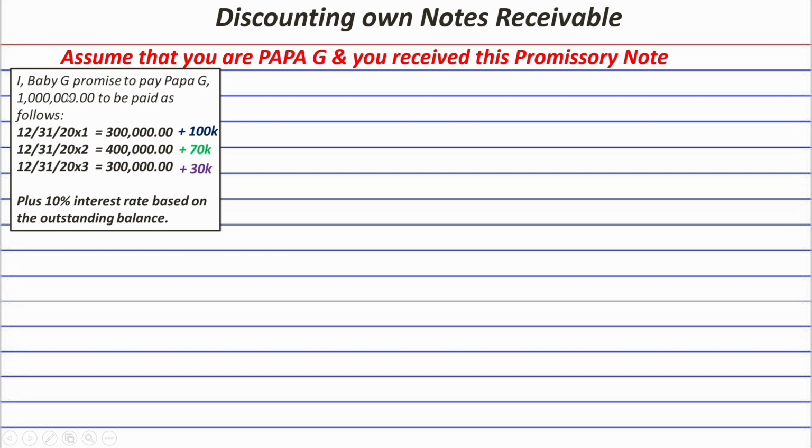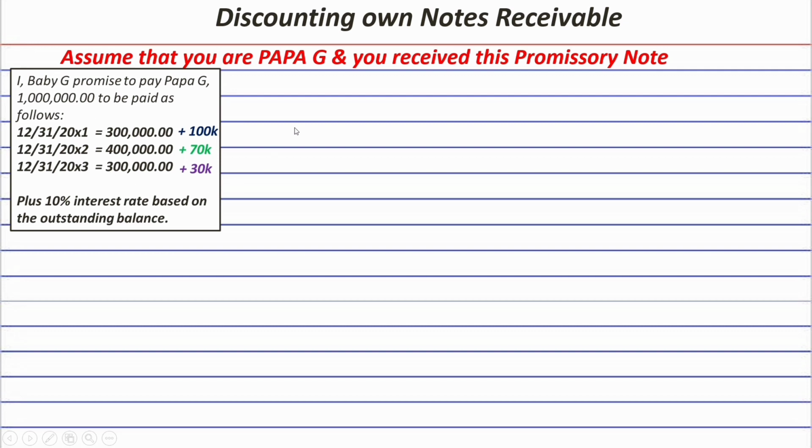Because from 1 million, 300,000 was already settled in year 1 and 400,000 was already settled in year 2. So which is why the outstanding balance is now 300,000 and the interest is 300,000 times 10% equals 30,000. Okay? So that's the promissory note by Baby G and its details.